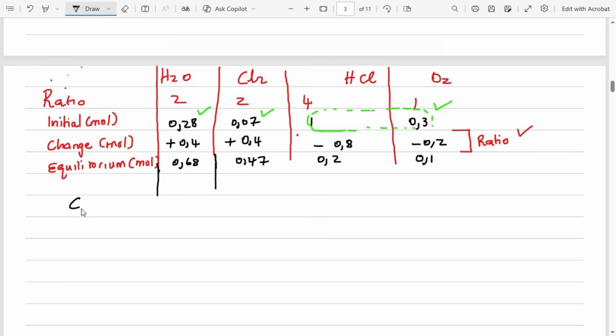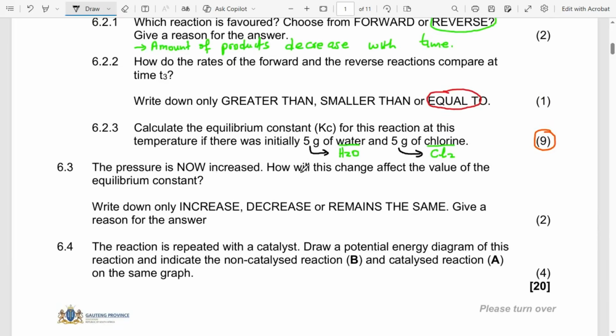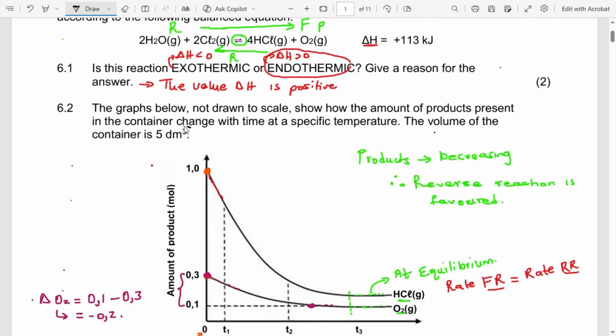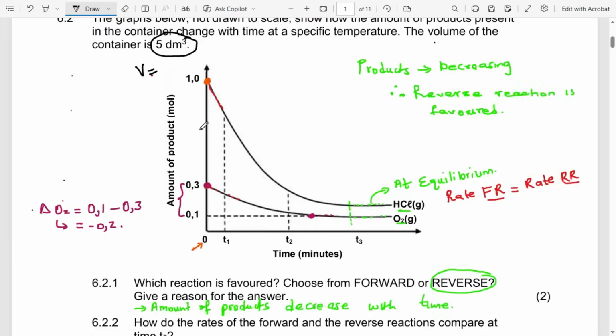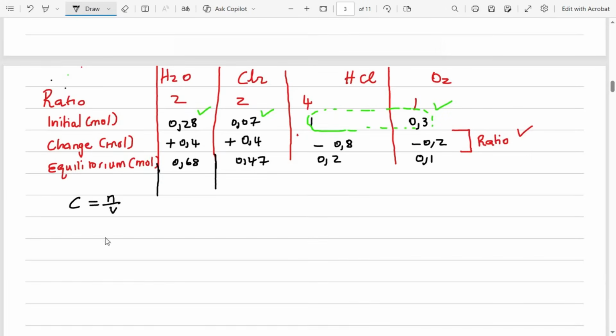The formula for concentration, C, is equal to the number of moles at equilibrium divided by the volume. Go back to your statement and check the volume. I think the volume was given, it's 5 decimeter cube.